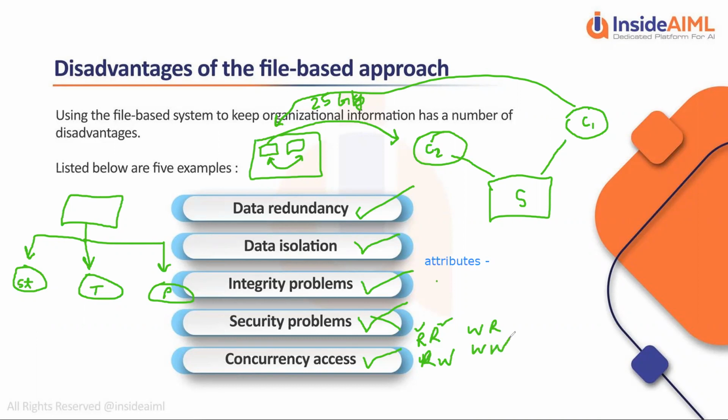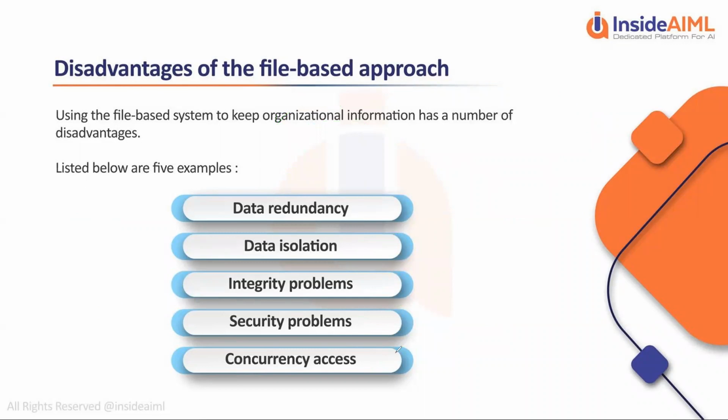It might lead to data redundancy. But in database management systems, you have all these constraints. You have some constraints that you can set on your database, and you will have this concurrent access. Okay. So this was the problem with our traditional file-based systems.